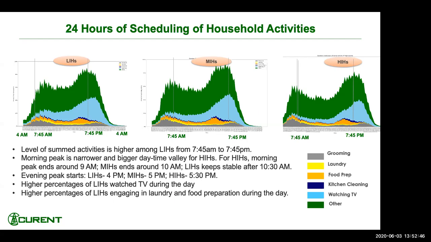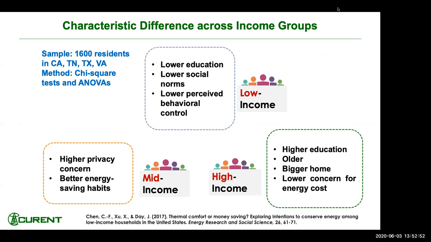At present we also conduct a survey. This is related to demand response. We look at the characteristics of low income, medium income, and high income. Who are they? What kind of characteristics differ among these three groups?